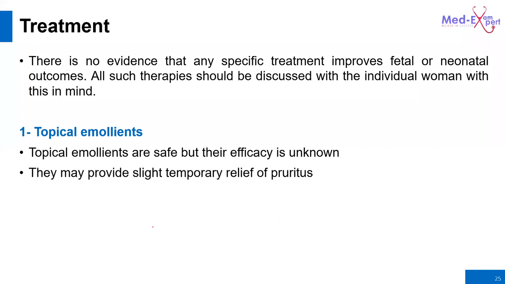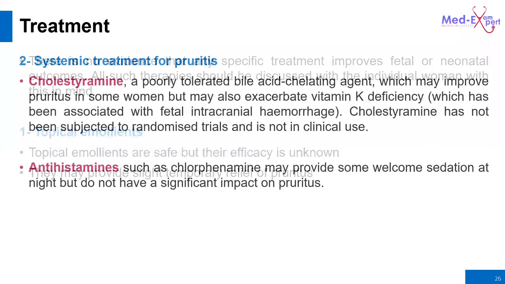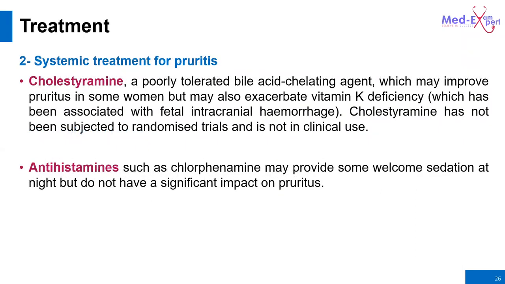First, we can use topical treatments, topical emollients, to give some slight temporary relief of pruritus. They are safe in pregnancy, but their efficacy is unknown. There are some other systemic treatments for pruritus.